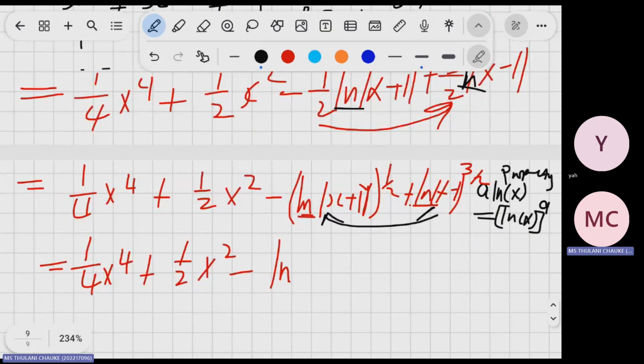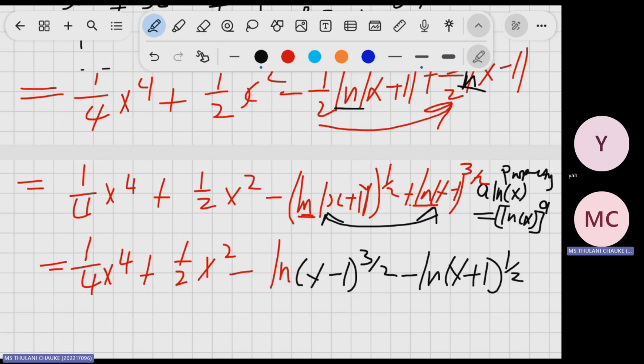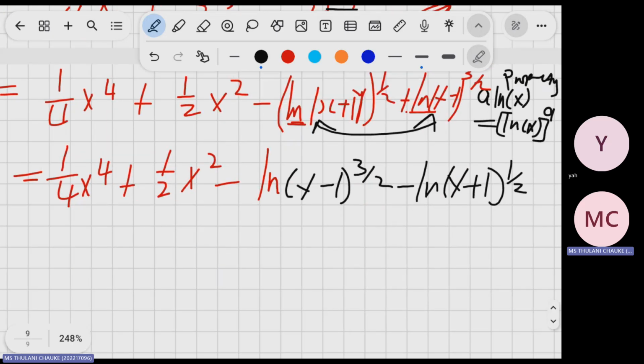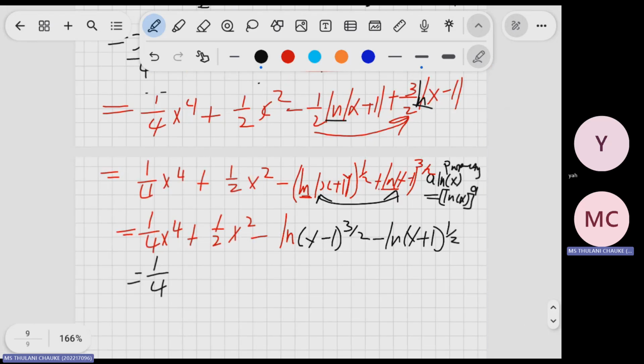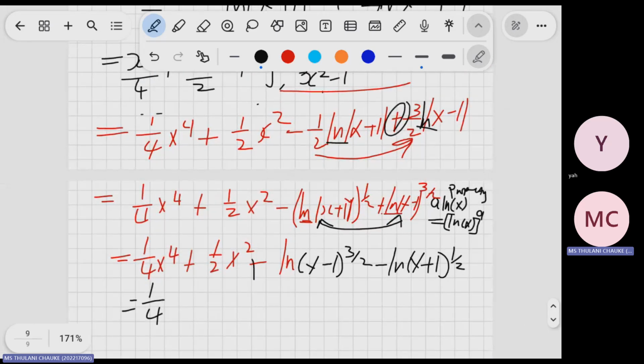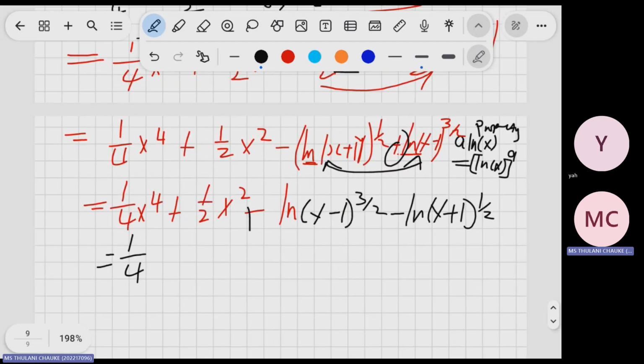You left the ln of (x−1) to the 3 over 2, minus the ln of (x+1) to the 1 over 2. I just want to apply the rules of log, nothing more. I'll have 1 over 4 x⁴ plus 1 over 2 x² plus.